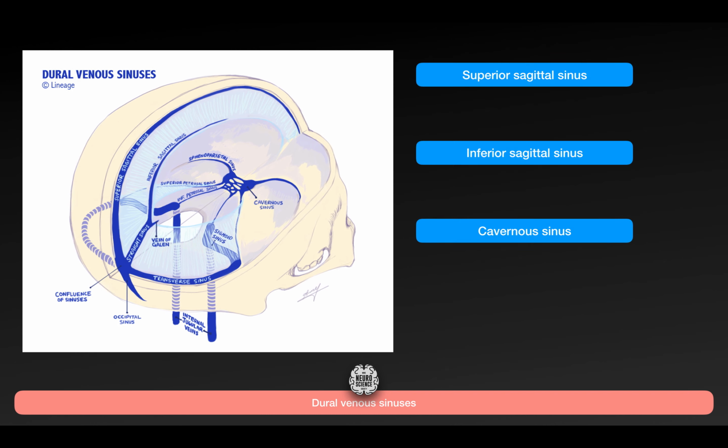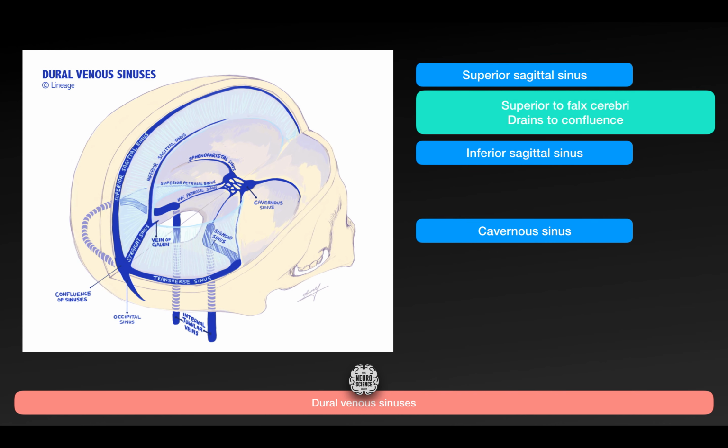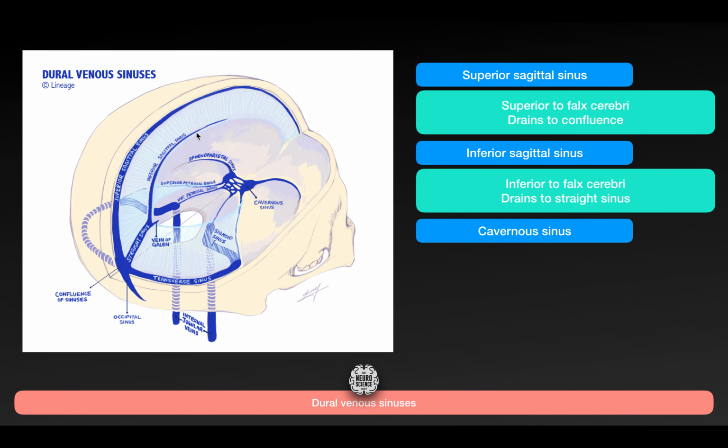Okay? So the superior sagittal sinus is superior to the falx cerebri and drains into the confluence of the sinuses. The inferior is inferior to the falx cerebri and drains into the straight sinus.